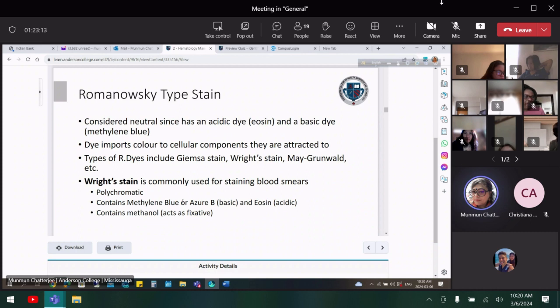It contains methylene blue or azure B, the basic dye, and eosin, the acidic dye, and it has methanol as the fixative. So this dye is dissolved in methanol to do the staining.